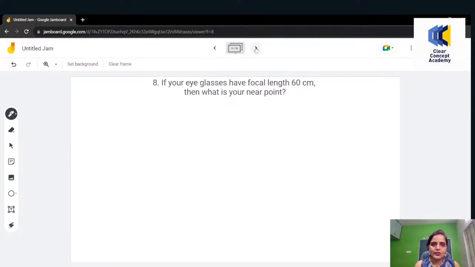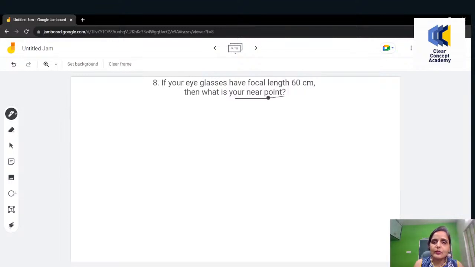Here again you can observe that they haven't mentioned the defect, nor anything about the lens that they have used. Then how are we supposed to deduce the kind of defect or the corrective lens used? Here you are supposed to go through the given information.